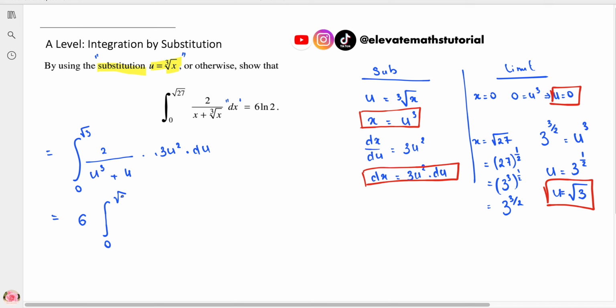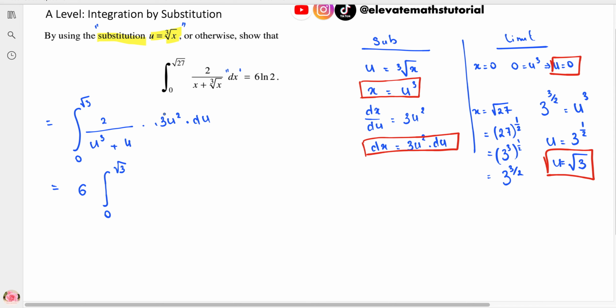So that's root 3. You can simplify it now: u squared over u cubed plus u. You can take a u out of all of that, so u over u squared plus 1 du.